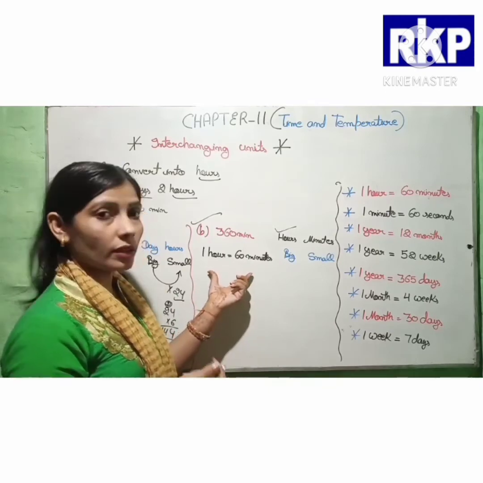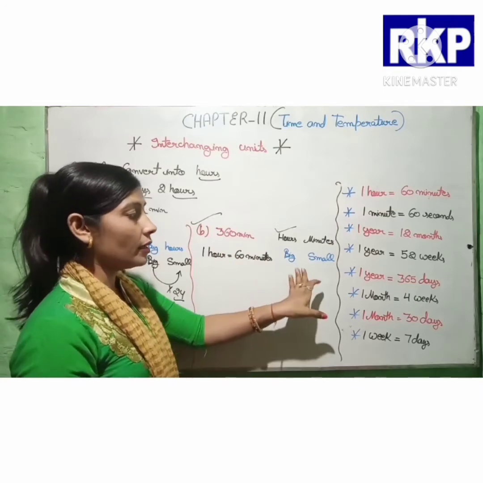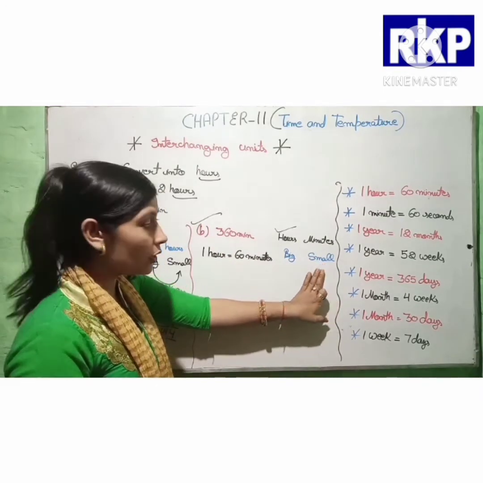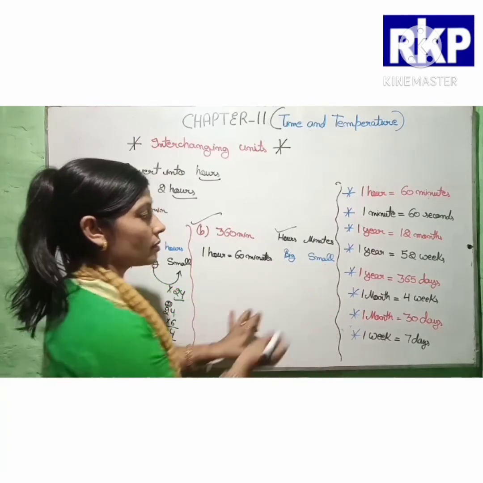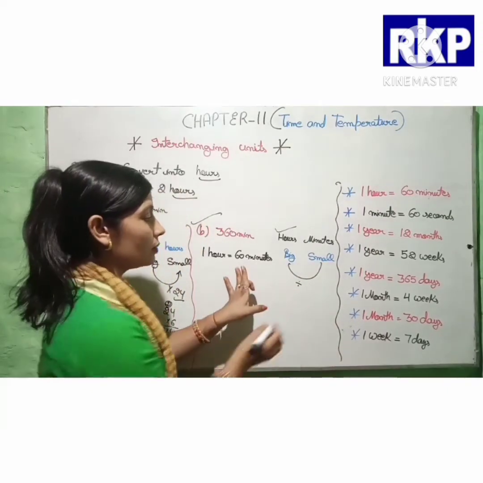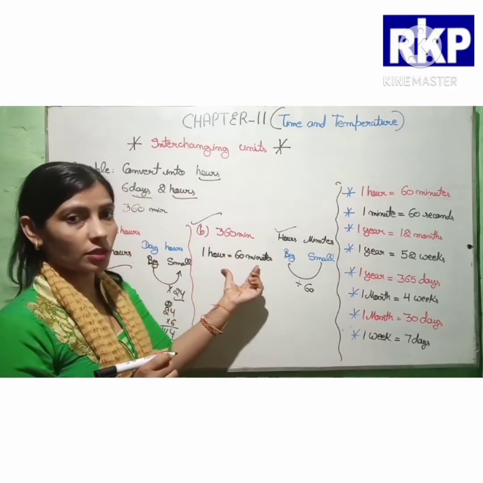So how can we convert minutes into hours? Here we are converting a smaller unit into a bigger unit, minutes into hours. So here we need to divide with 60, because 1 hour is equal to 60 minutes.